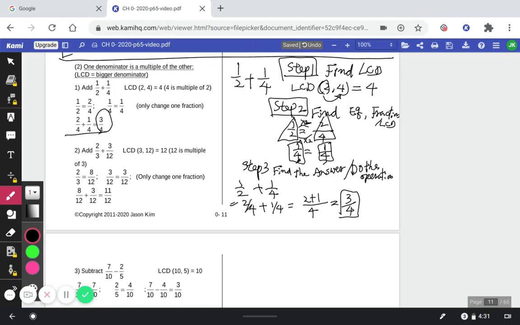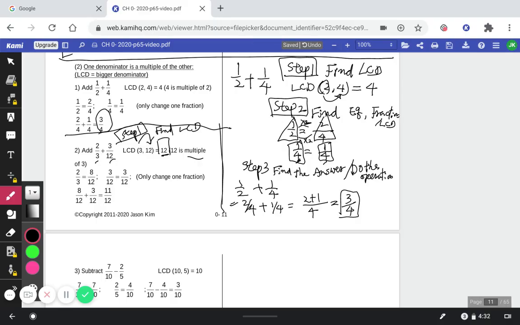Another example is you're adding 2/3 with 3/12. Now 3 goes into 12 completely, so the LCD becomes 12 because 12 is a multiple of 3. So in step 1, find the LCD. So now the LCD becomes 12.